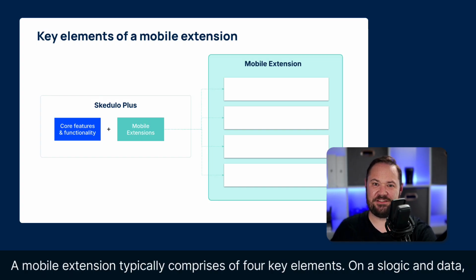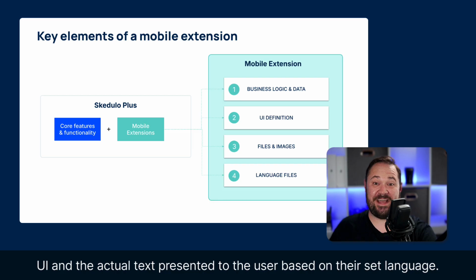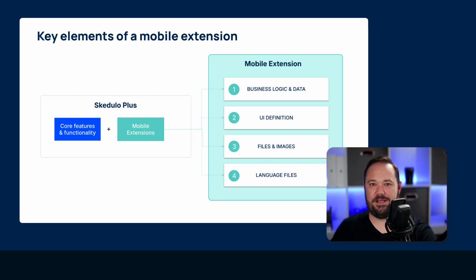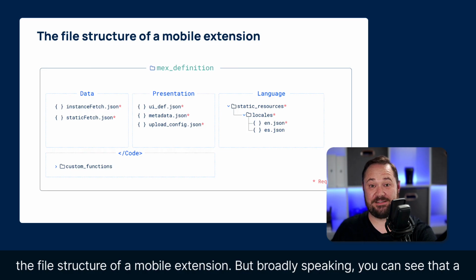A mobile extension typically comprises of 4 key elements: business logic and data, the actual UI the user interacts with, static files or images that are referenced in the UI, and the actual text presented to the user based on their set language. And if we take this one step further, each of these domains are represented within the file structure of a mobile extension.